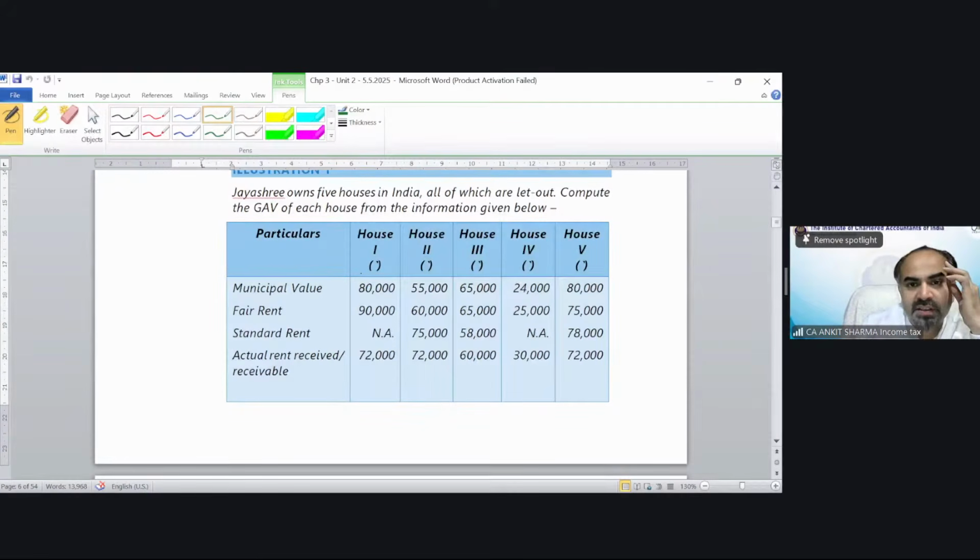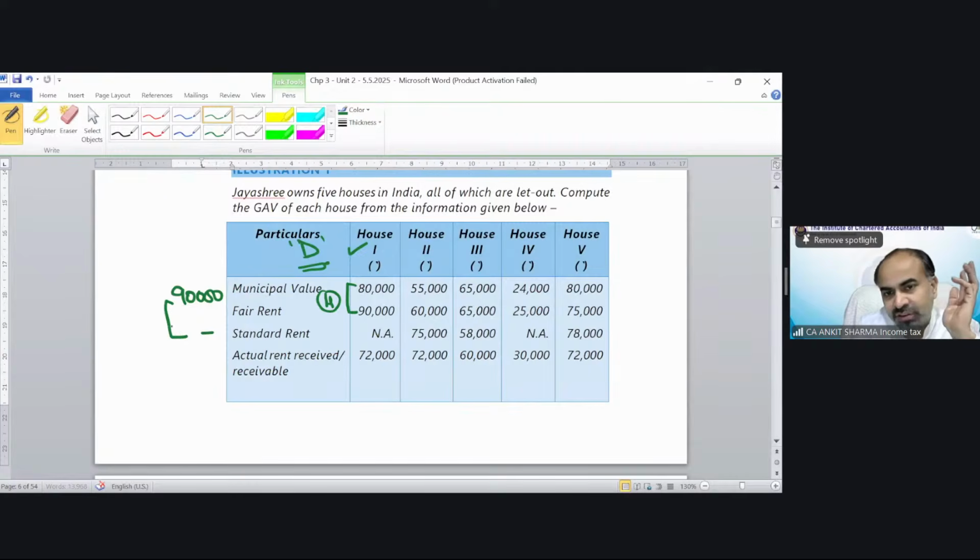So the first case we are going to solve: municipal value and fair rent, whichever is higher we need to take. All these are case D because there is no information of unrealized rent. The higher would be 90,000. Standard rent is not applicable. If something is not applicable, you can consider it as a dash.